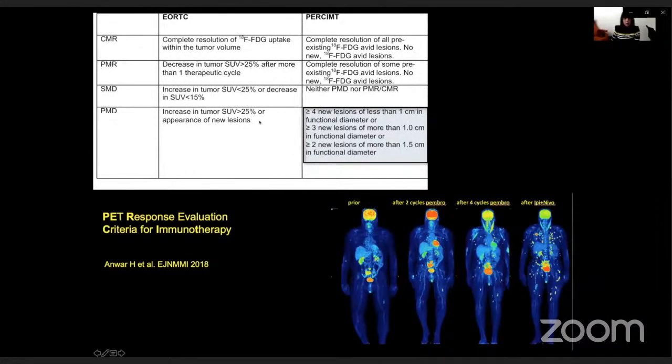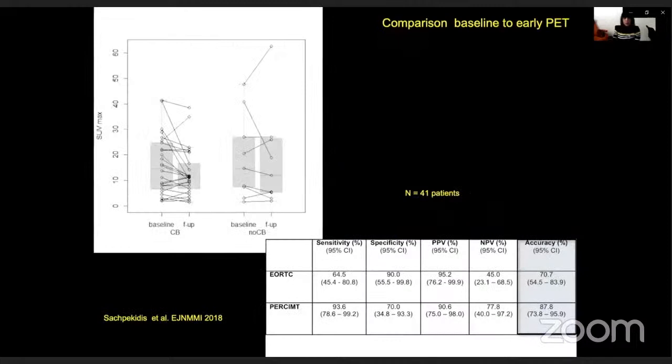With the EORTC criteria, 1 new lesion means progressive disease, but with these PERSIMT criteria, we found that progressive disease is associated with 4 or more new lesions of any size, or 3 or more new lesions of more than 1 centimeter in diameter, or 2 or more new lesions of more than 1.5 centimeter in diameter.